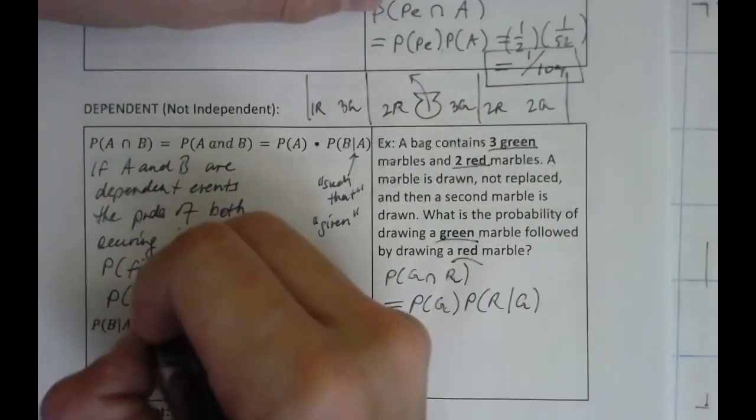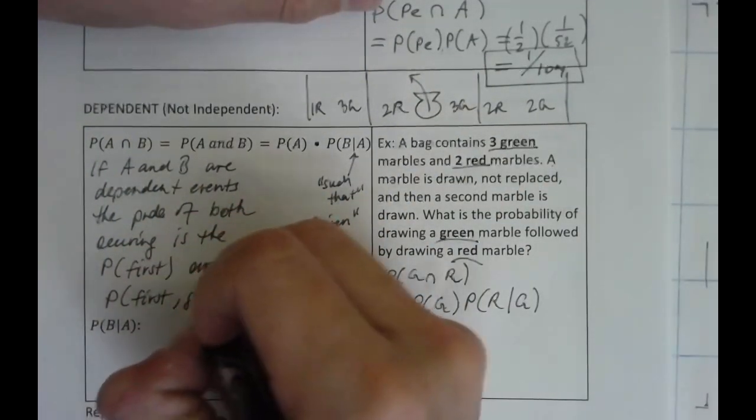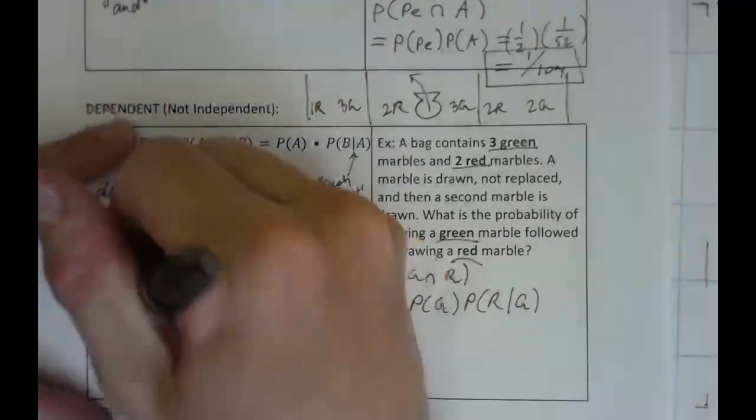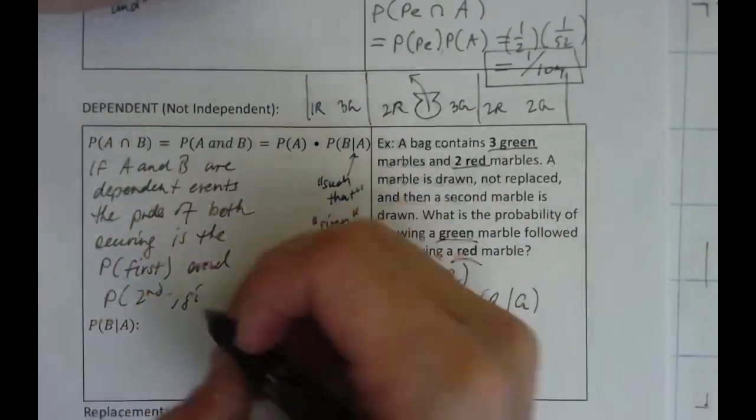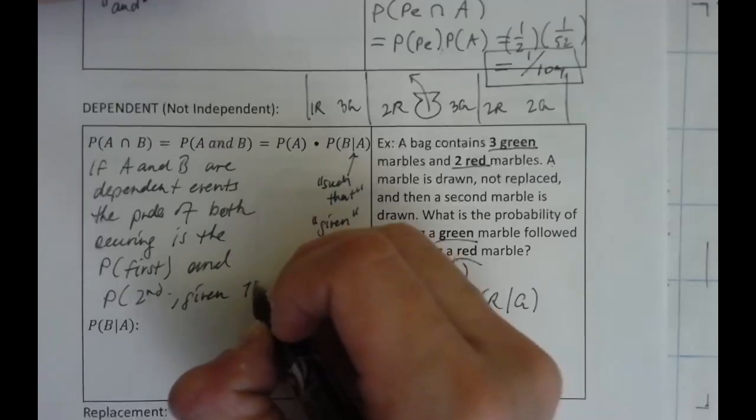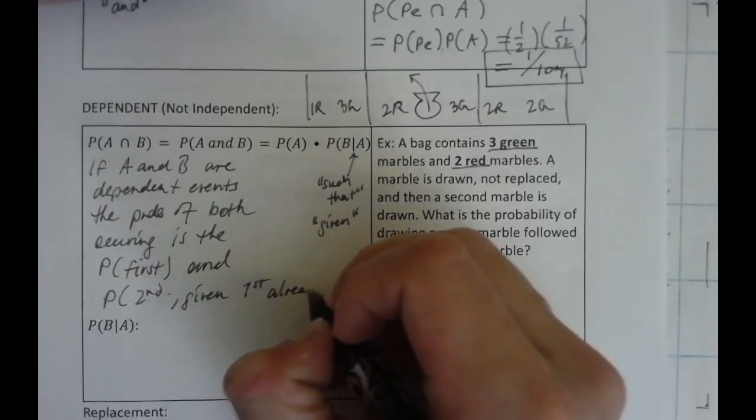That's what I meant to say, probability of the second given the first already happened. It already occurred.